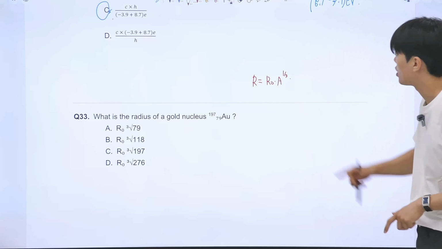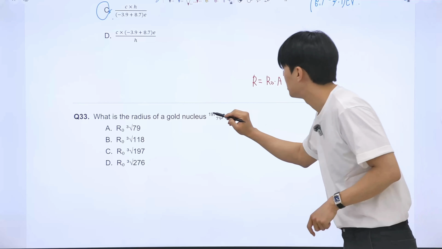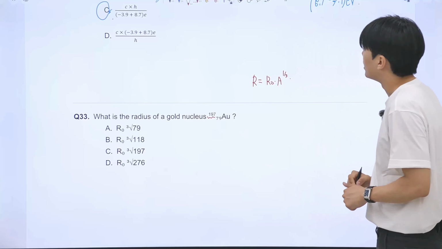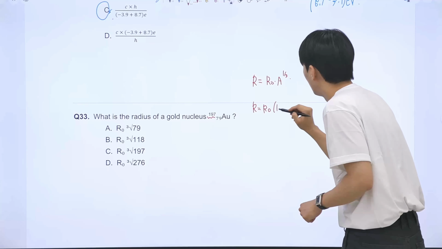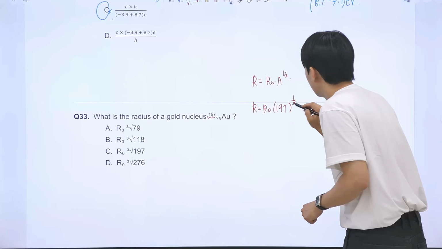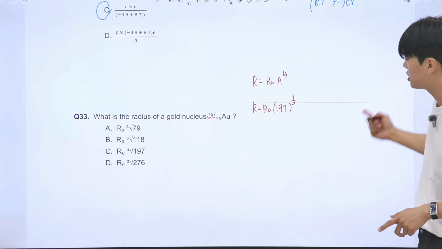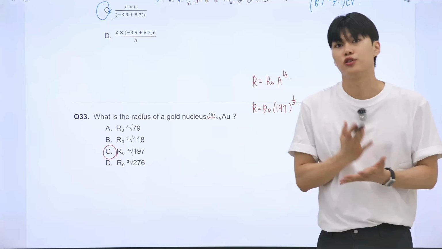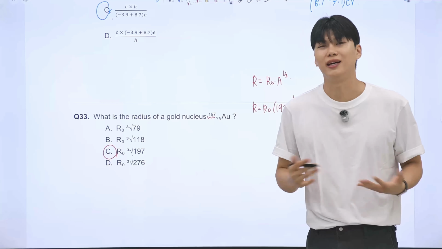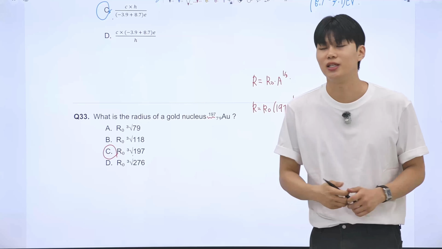A is the mass number, which is this part here. So R equals R0 times 197 to the power of 1/3, which means that's just C, right? That's pretty easy. You can actually solve that question in 20 seconds or even 10 seconds.